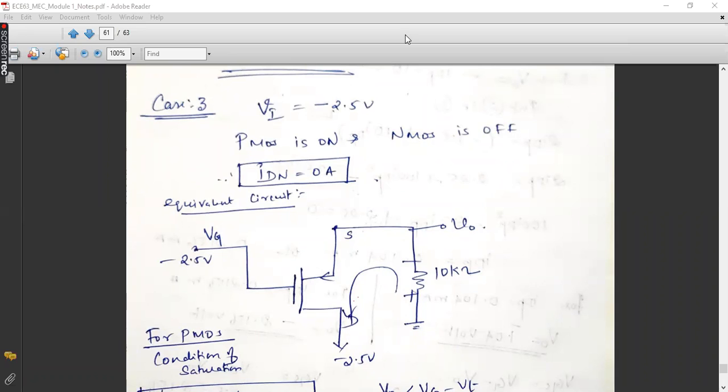Because your gate voltage is more negative than the required threshold, that is minus 1 volt. If NMOS is off, directly you can write the drain current of NMOS IDN is 0 ampere. Now we are there to compute IDP only.